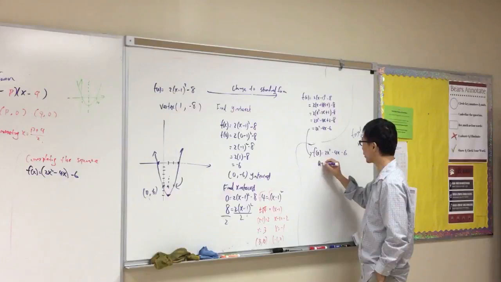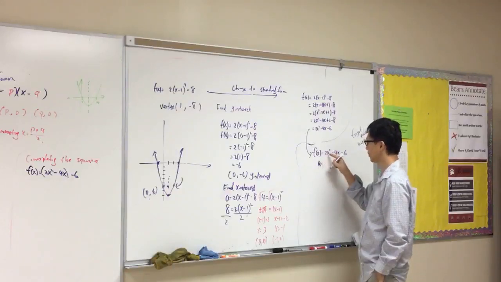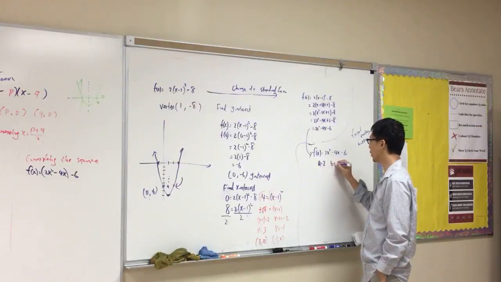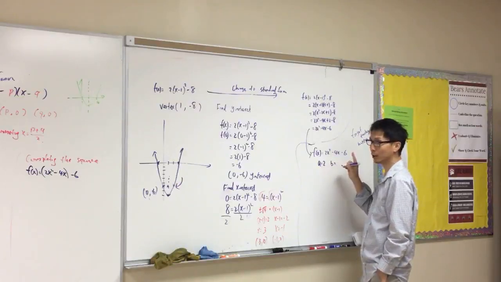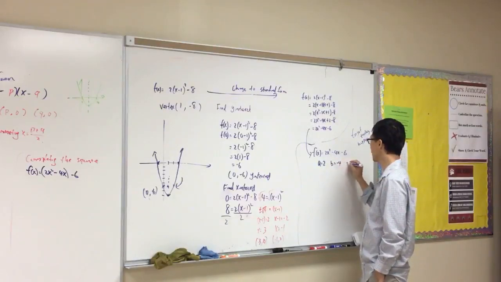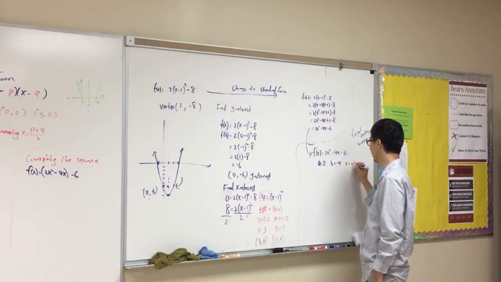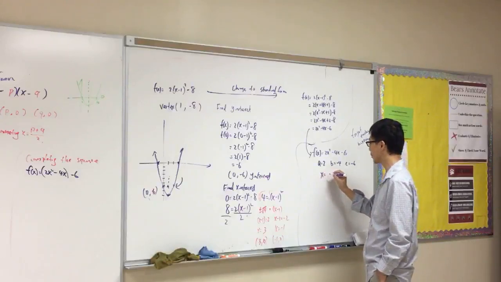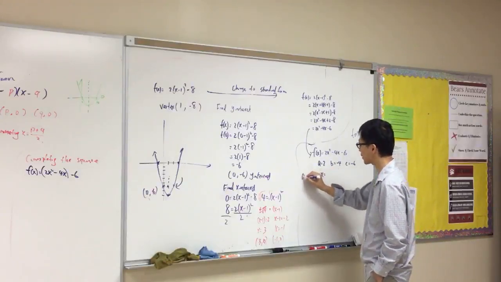So a is equal to what? Not 2x, 2. b is equal to what? Not 4, negative 4. c is equal to what? Negative 6. So now I can find the axis of symmetry, negative b over 2a.